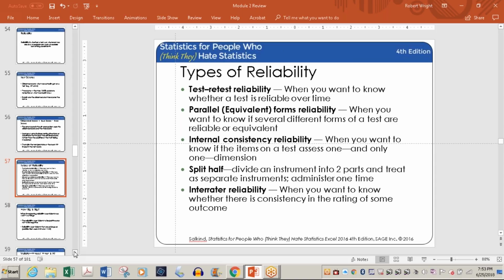Is there one of these that they use more often than the others? From what I've read, I bet you that test-retest, the pre-test post-test, probably gets used the most in quantitative data. In qualitative data, inter-rater reliability takes precedence over anything else, because one of the biggest problems with reliability is if your raters are evaluating things with either personal biases or a misunderstanding of what the rules were for interpreting stuff.